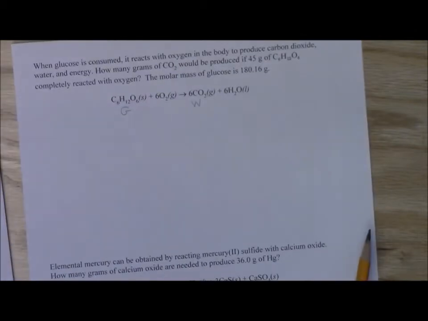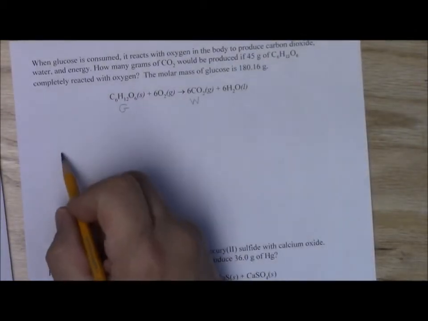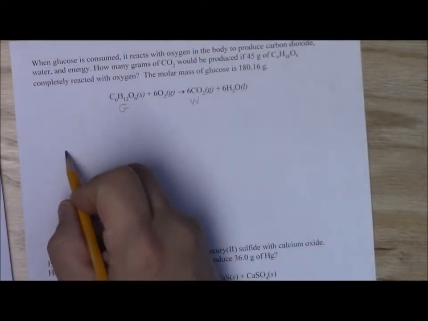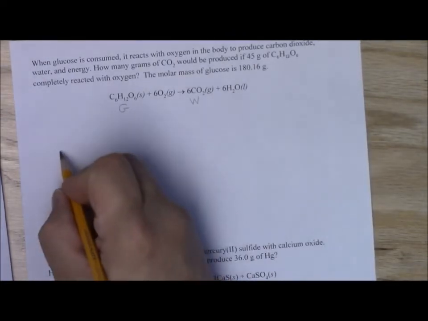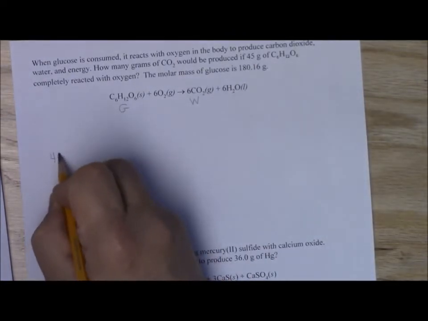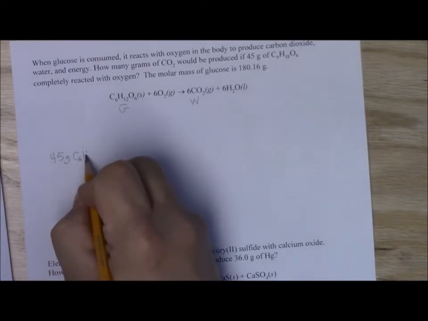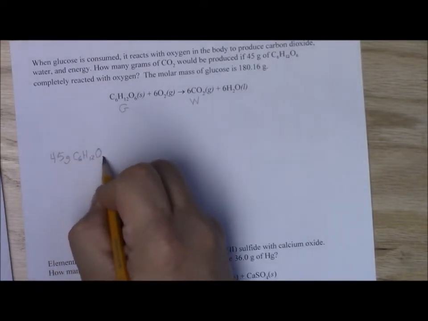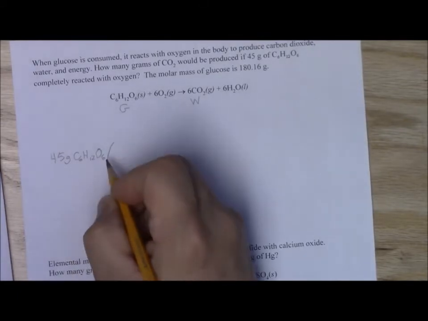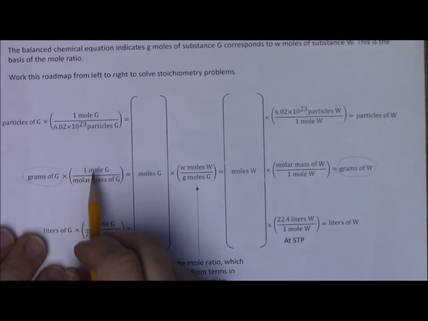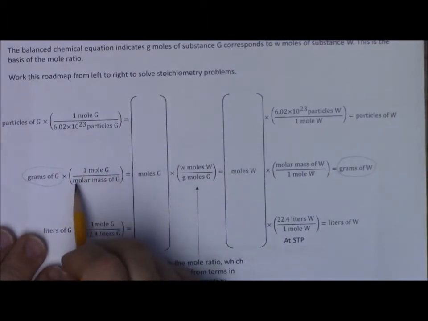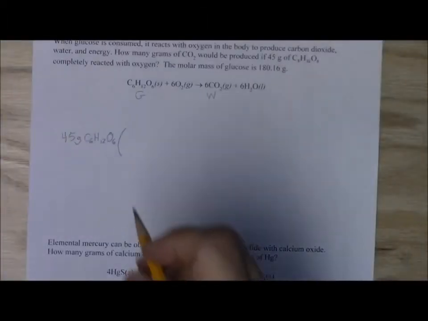So let's start writing some of that out. Let's start with writing the grams of glucose. So 45 grams of C6H12O6. And then per our roadmap, we have to multiply it by 1 mole of glucose divided by the molar mass of glucose.